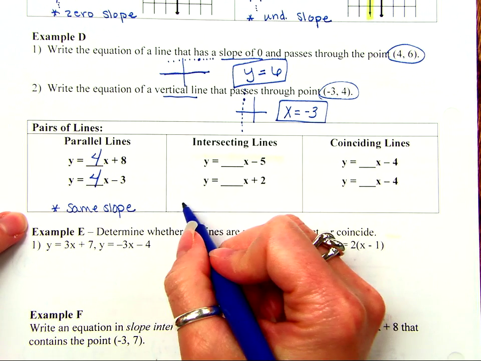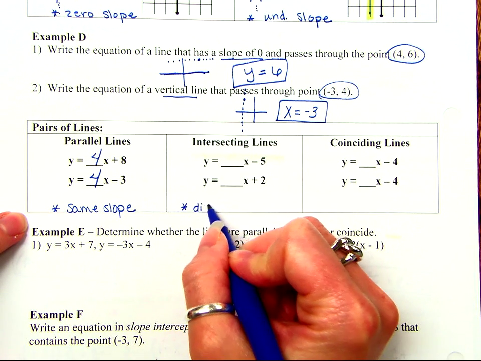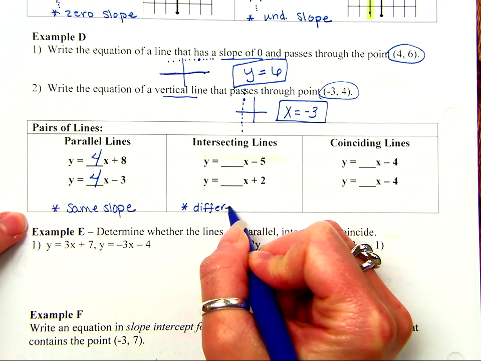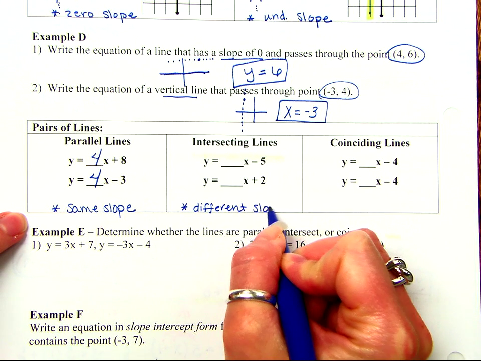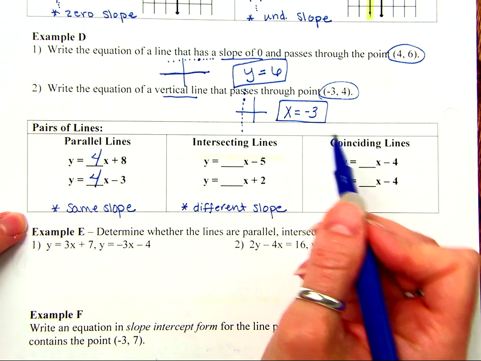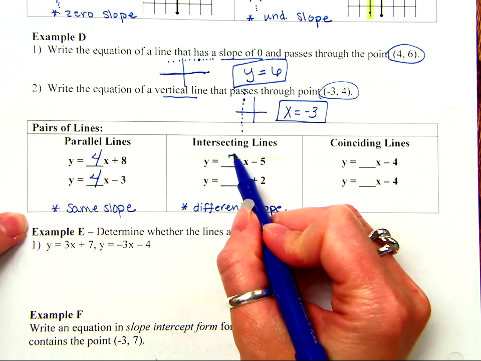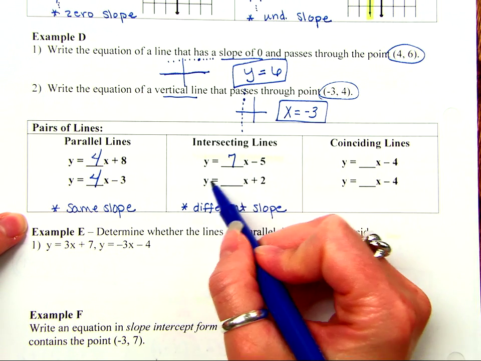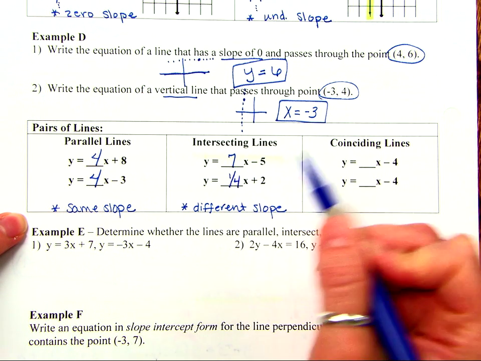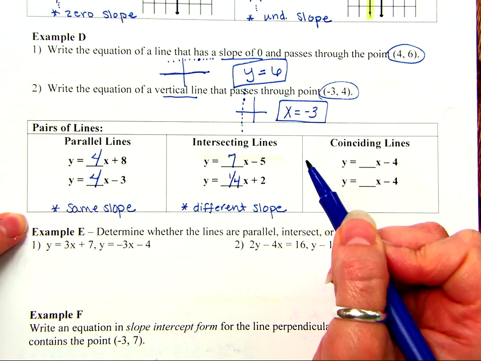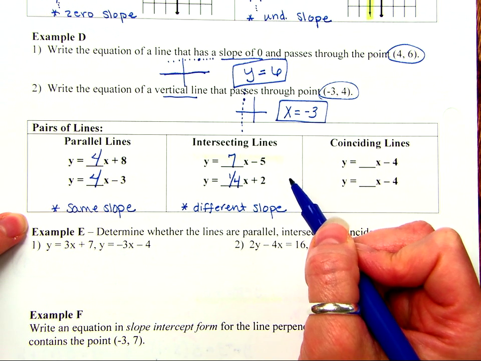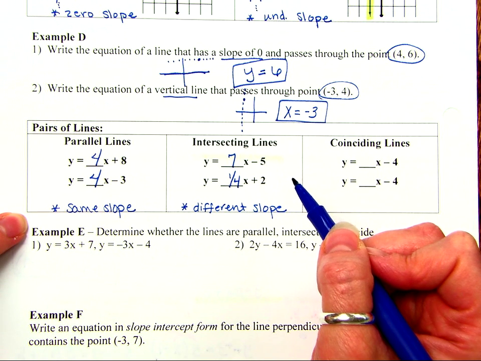Intersecting lines simply are going to have different slopes. So it may look something like y equals 7x minus 5 and y equals 1/4 x plus 2.